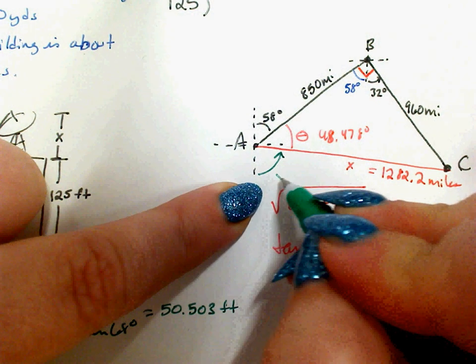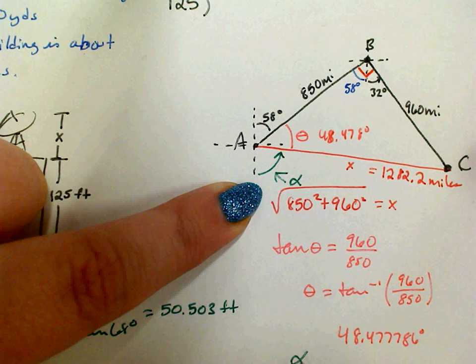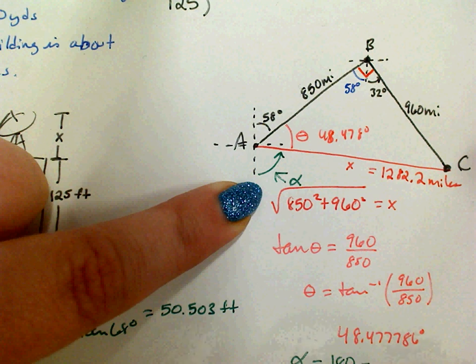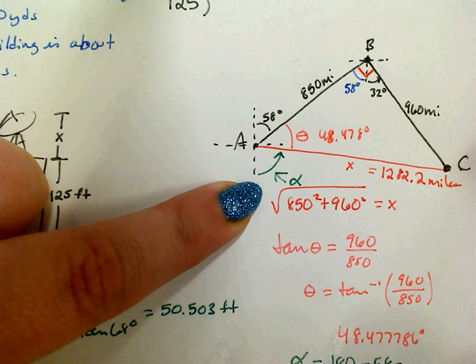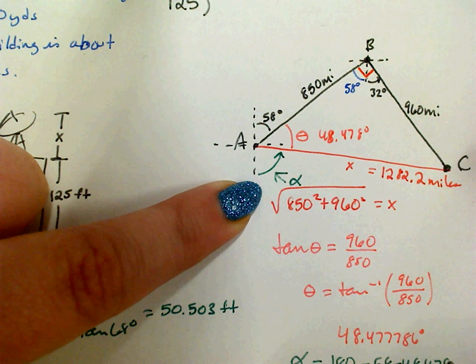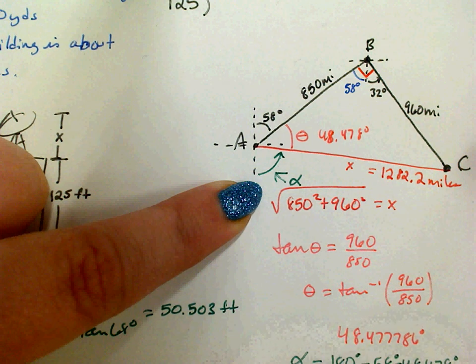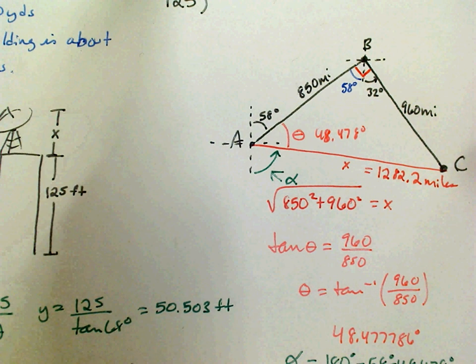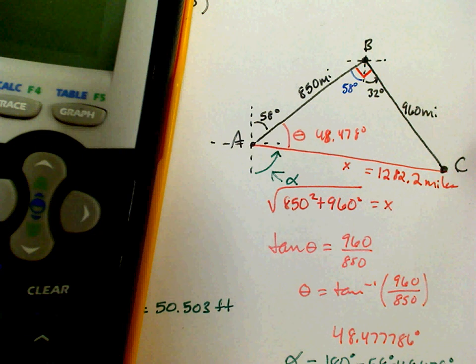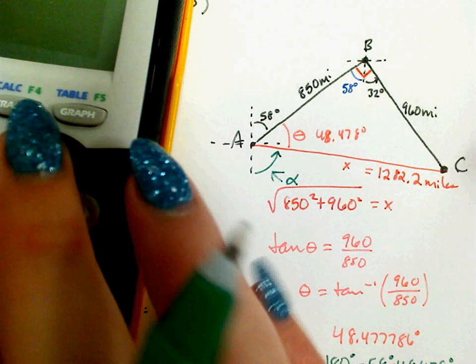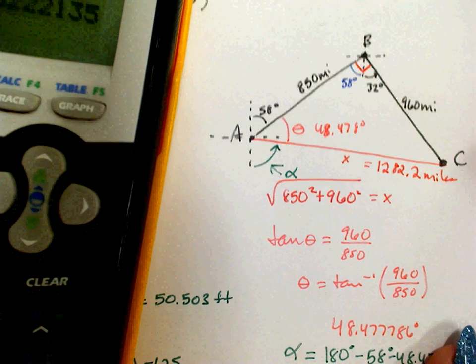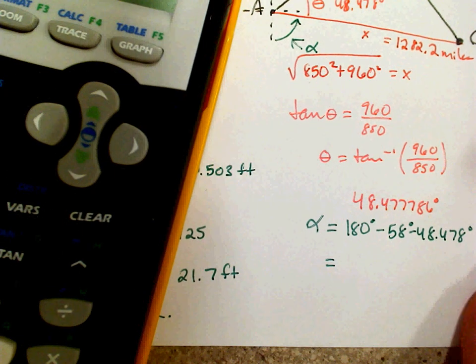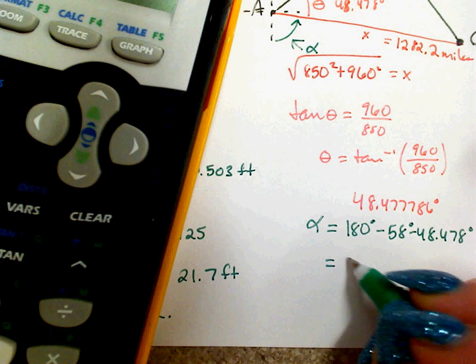Alpha equals 180 minus 58 minus 48.478 degrees, which equals 73.522 degrees.